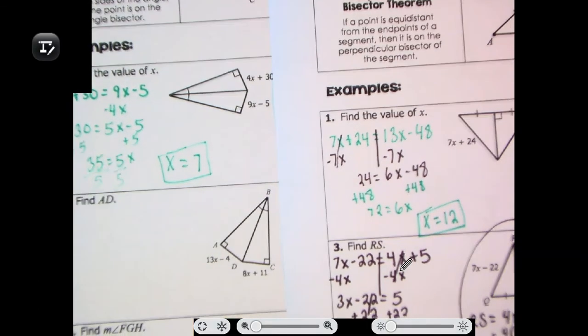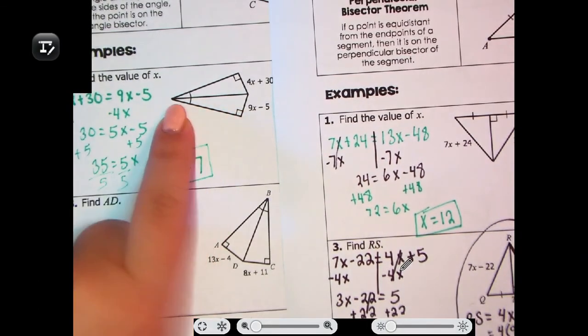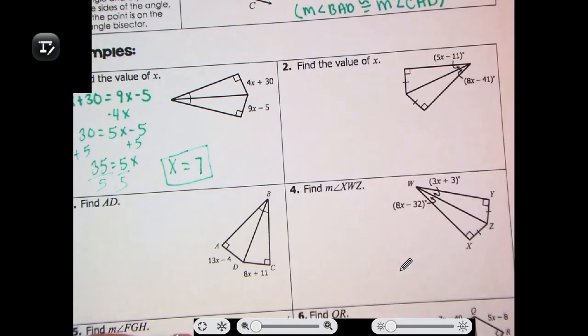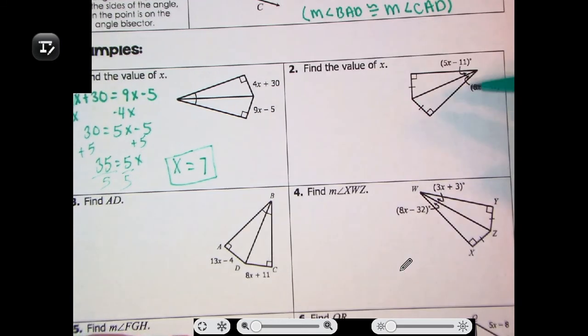We have an angle bisector right here, as opposed to a perpendicular bisector. That's just the difference with the images. And now I have this is perpendicular, and then these are congruent right here, which then means by the converse of the angle bisector theorem that these two would be congruent to each other.